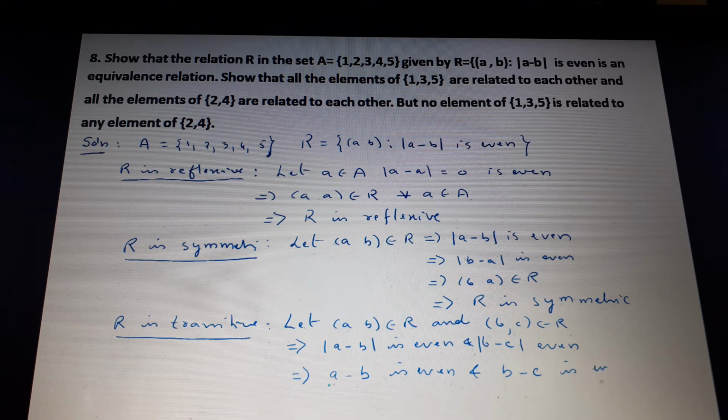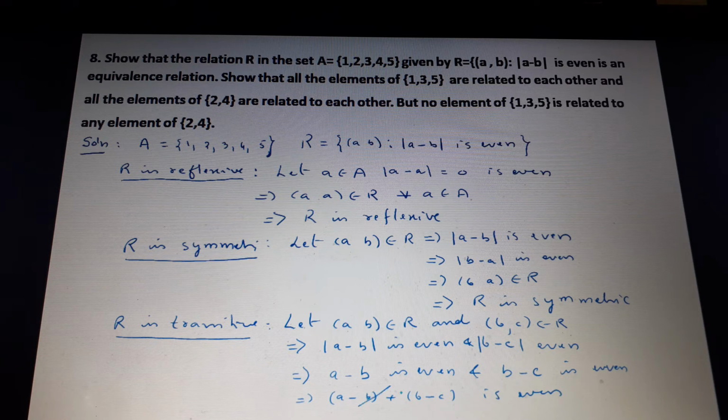Now this is an even number, this is also an even number. When you add two even numbers, still it is even. Therefore I can write (a − b) + (b − c) is even. So what happens?